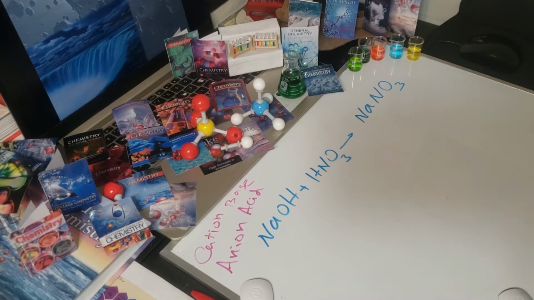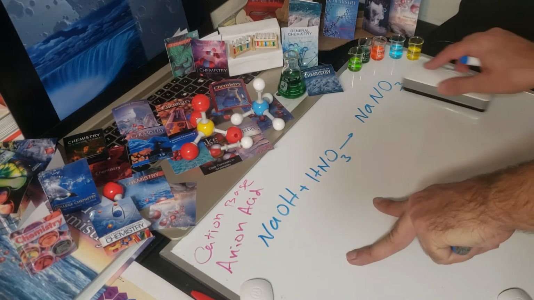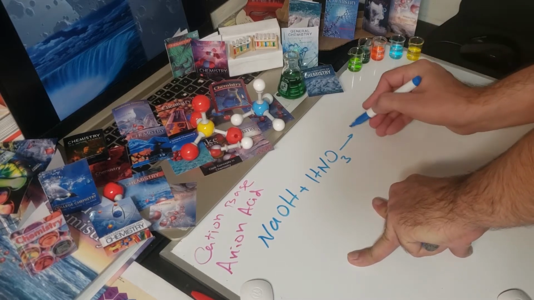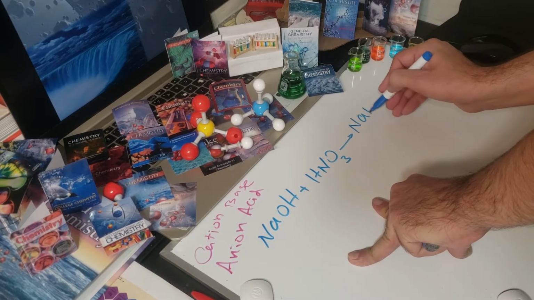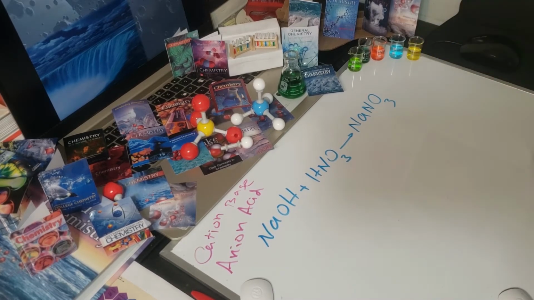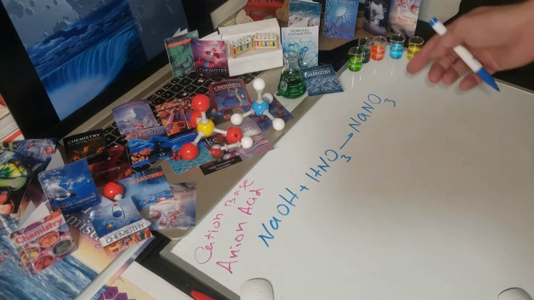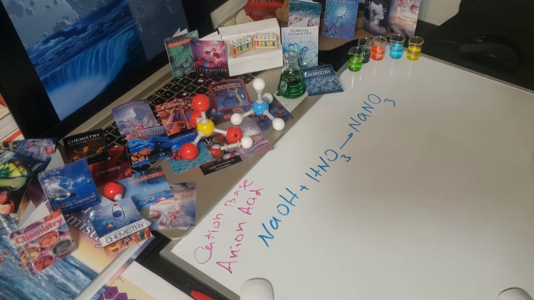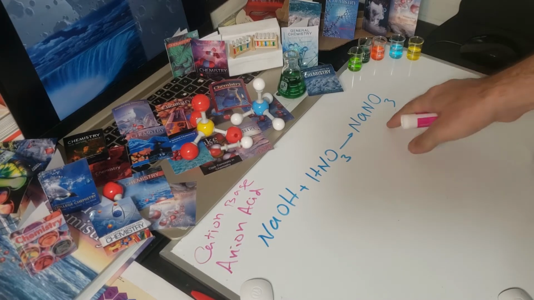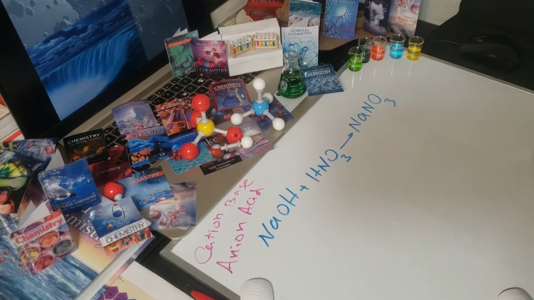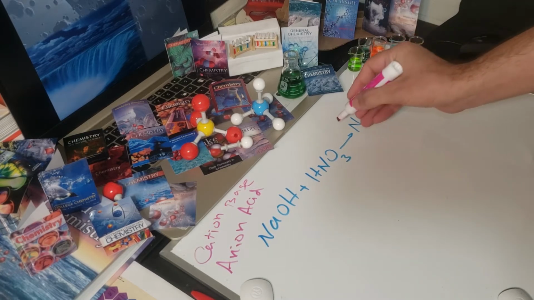Because the charges are equivalent, I'm not going to do any subscripts. If the charges are not equal, then I have to use indices by swapping the charges. Because the charge is +1 here and -1 here, there's no need for subscripts or parentheses for NO3. I then put 1 here.